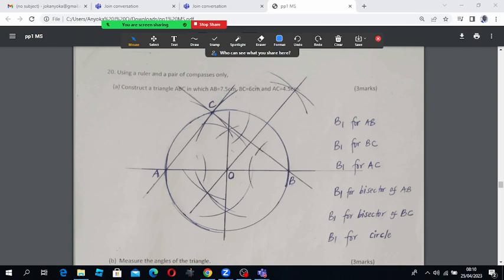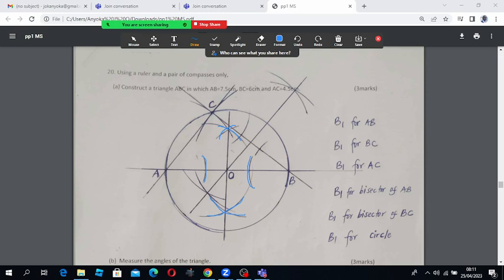Bisecting line AB, you stand at A and B. Like this one, I see somebody stood at A, made one mark here. With the same length, stood at B, made one mark here. Now standing at this one, you make this arc. Standing at this level, you make this arc. You do the same on the other side. You draw the line.